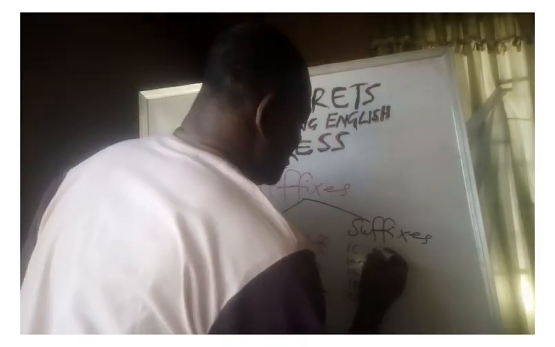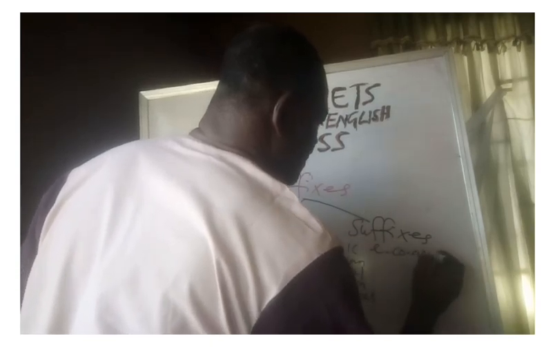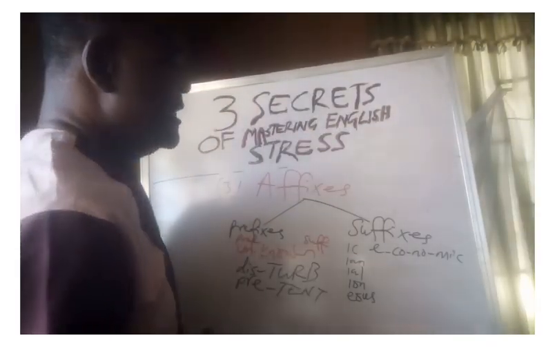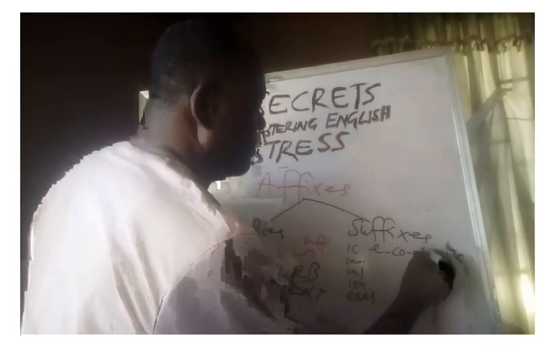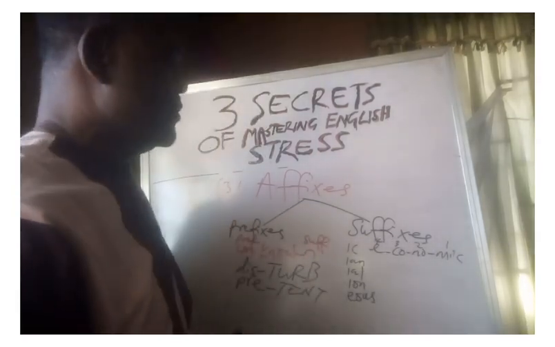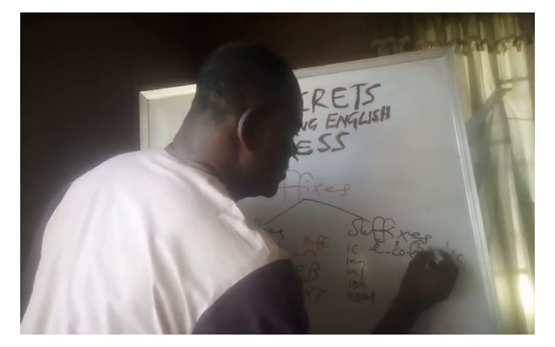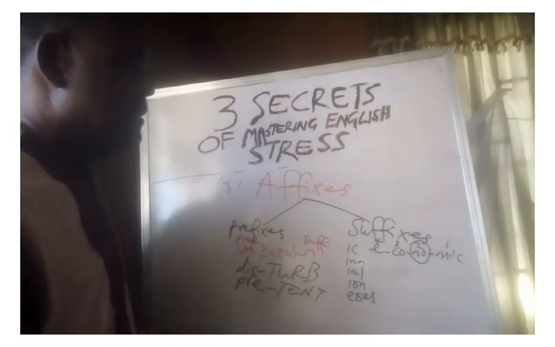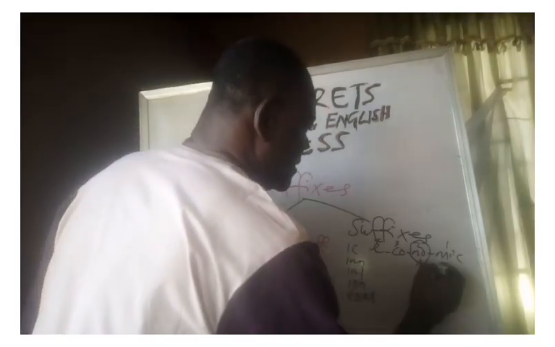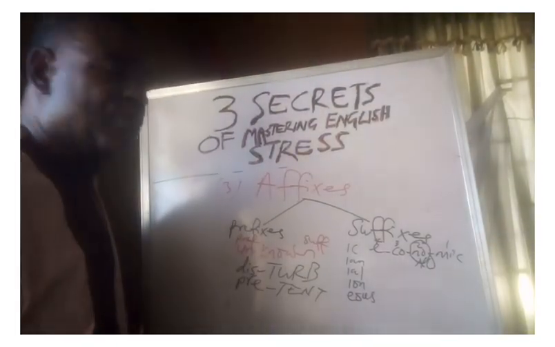Let's take a look at the word "economic". Now you see that we begin to number from the end, and so this is the second syllable to the end of the word. So it becomes economic. That's the way it is.